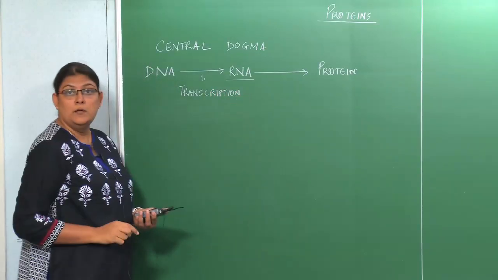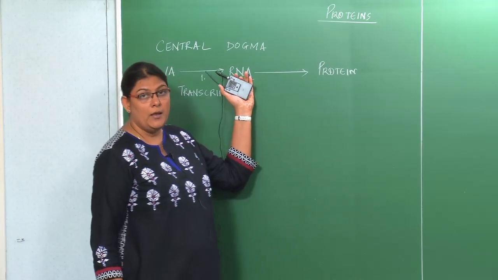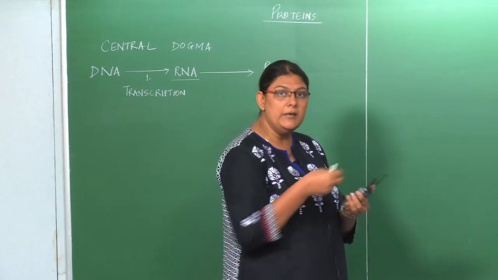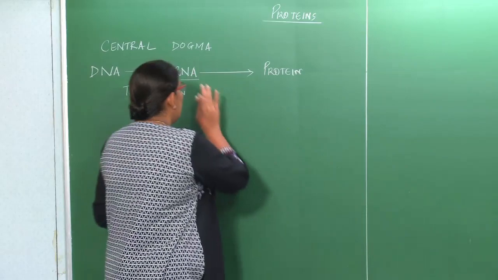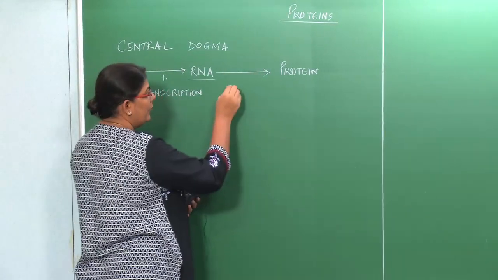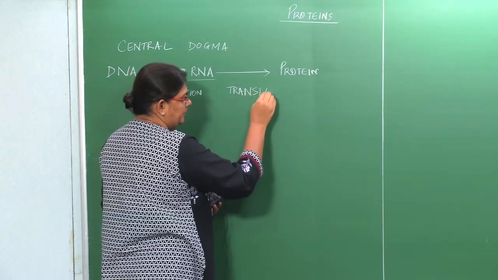And then all the information which is present in the RNA is decoded, is understood, and accordingly the ingredients are brought in for the formation of a complete protein. That process of decoding and the actual formation of proteins is what you call translation.